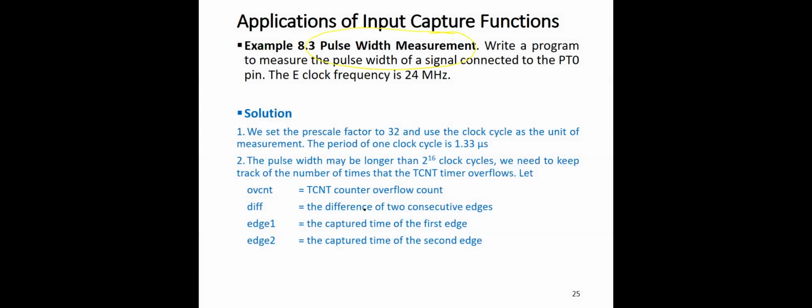And in order to do that, we need to define certain counters and variables. We need to record the number of overflow instances. We need some place to store the time of the first edge and the time of the second edge. Then we take the difference and store it in diff. And keep in mind again that this difference is the number of increments in the counter.